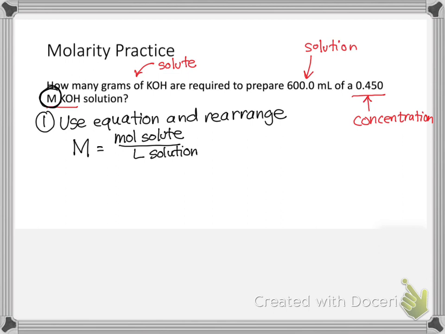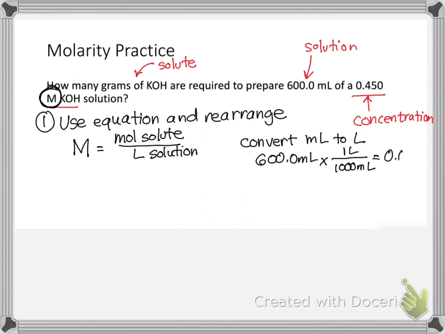Okay, so I need to convert milliliters into liters. So 600 milliliters is 0.6 liters. Okay, so let's plug in now.